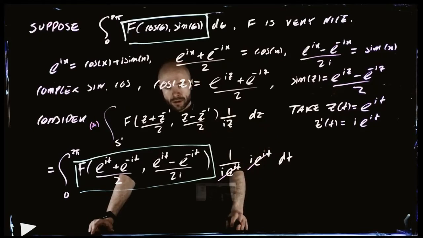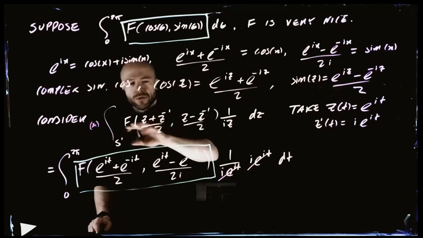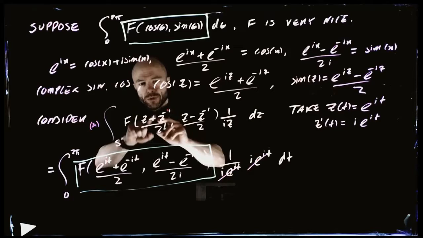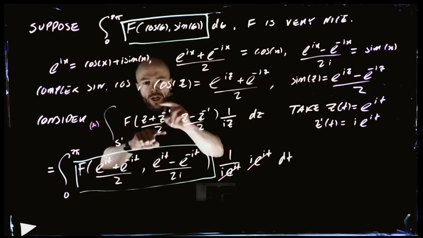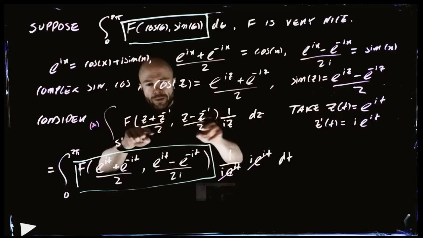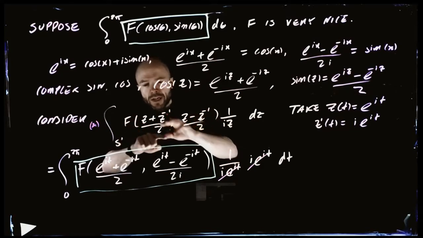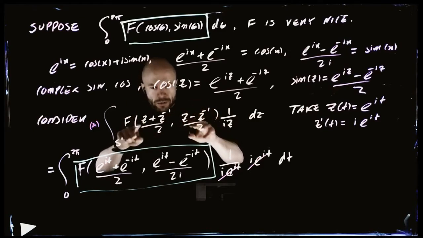So that's the class of f for which this will work. I mean, you can sort of see just algebraically that if you take any kind of polynomial function of both variables, then for sure that's going to be fine, right? Thinking a bit more generally, if you take any kind of rational function of both variables, that's going to be fine.